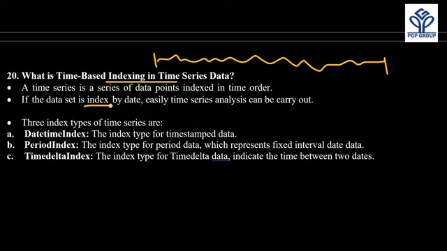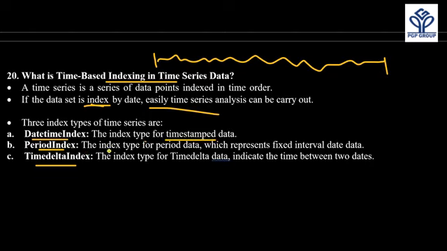The same concept applies here. Time series analysis can be done very easily if you go for indexing. There are different types of indexing available: date time index, period index, and time delta index. You can do this for your data set. What does date time index mean? This index type is for time-stamped data.